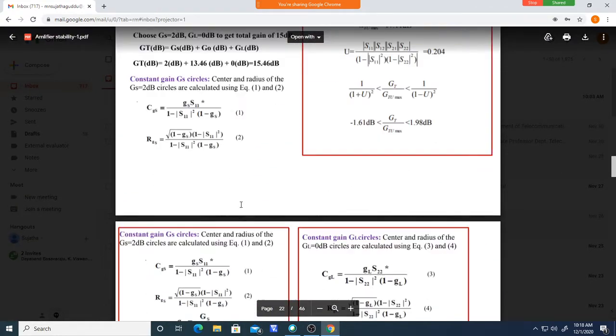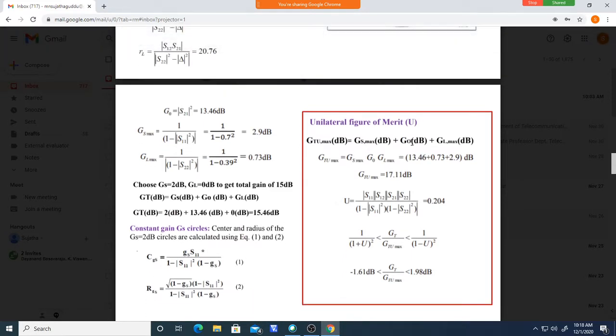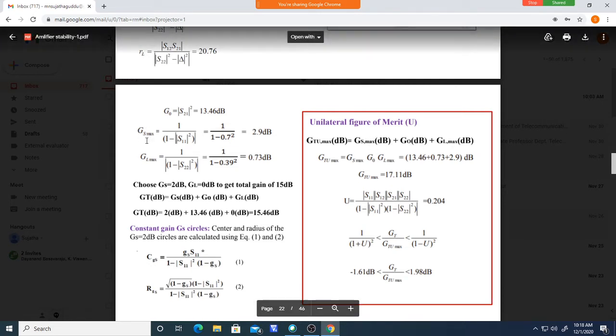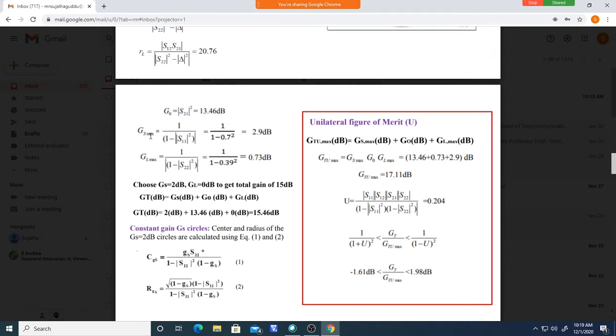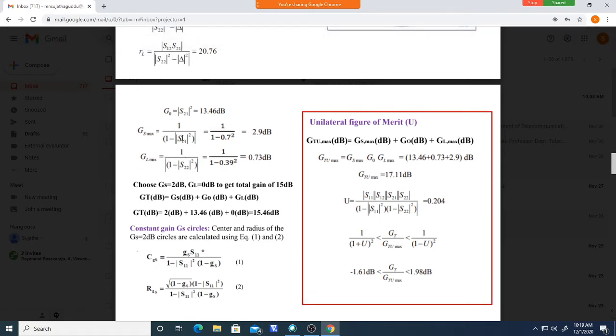It is GS maximum times G naught times GL maximum. To calculate GS maximum, using this equation, assuming it is a unilateral problem, GS maximum is this equation, you calculate. GL maximum is this, you calculate. Just take the magnitude of S11 and square it.